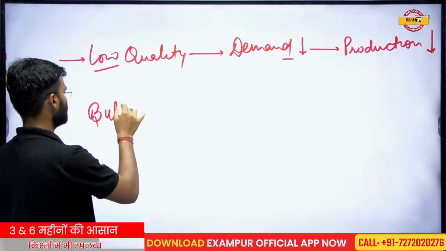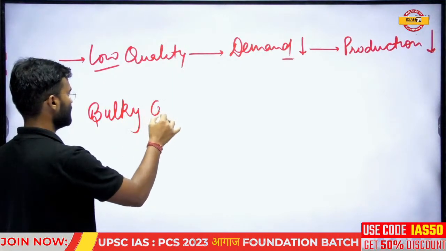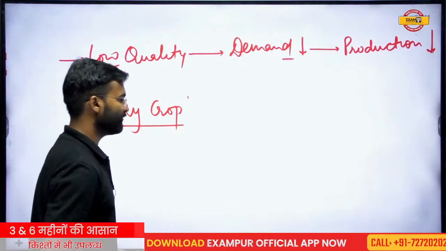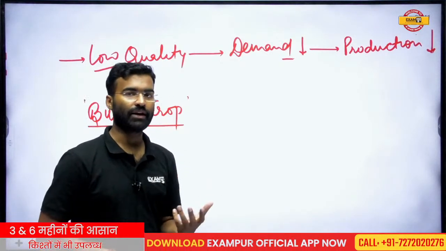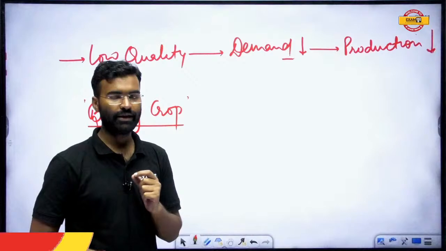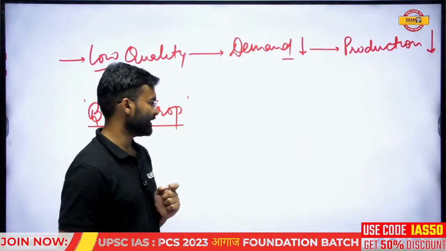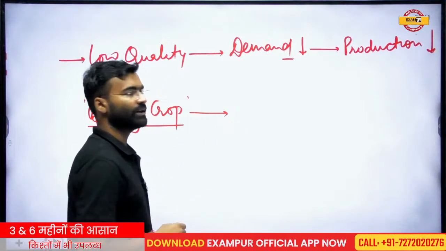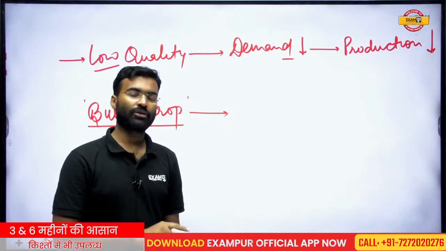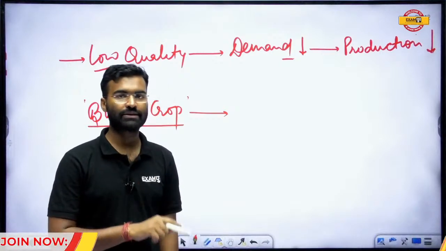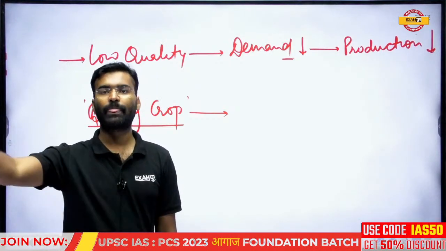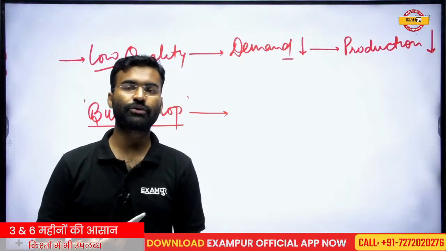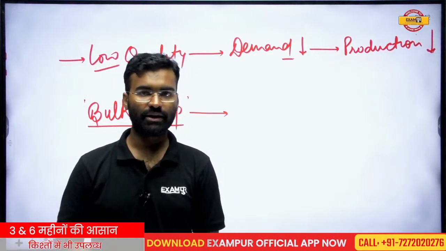Earlier we discussed that this is a bulky crop. If it is a bulky crop, that means the weight of the raw material is very high. If the weight of the raw material is high, then it is not easy to carry the raw material from the producing site, or you can say from the agricultural field, to the industry region. So the transportation cost will be high.